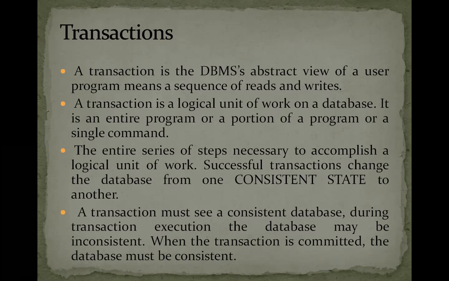Now, this requirement of undoing the transaction holds regardless of whether the transaction itself has failed, or the operating system has crashed, or the computer itself stopped operating. So we have to ensure that this requirement is met.